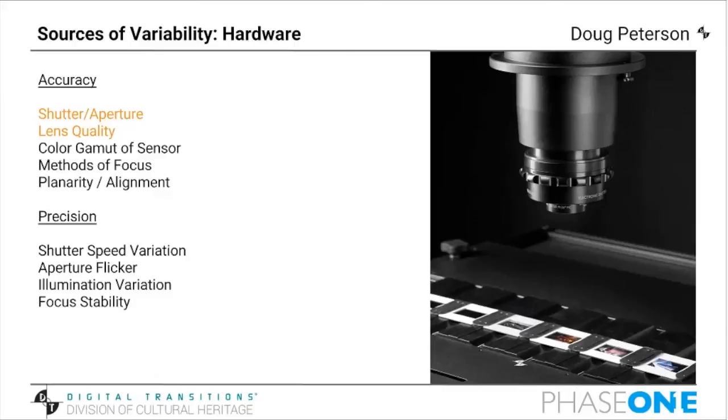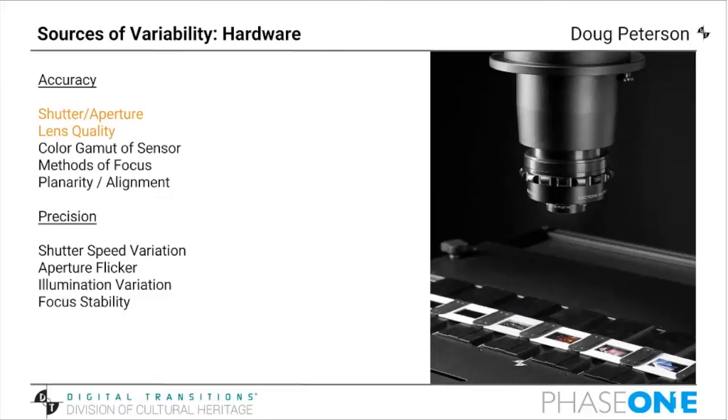So for example, our shutter in cultural heritage imaging that we use here at DTDCH only maxes out at 1/60th of a second. That's actually a fairly slow shutter. At 1/60th of a second, it would make a terrible sports camera. It would make a pretty mediocre wedding camera, but it makes a very good cultural heritage imaging camera, or a very good cultural heritage imaging shutter, because it is very repeatable in the amount of time that you set it to.